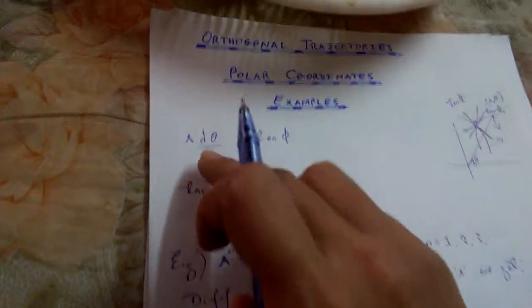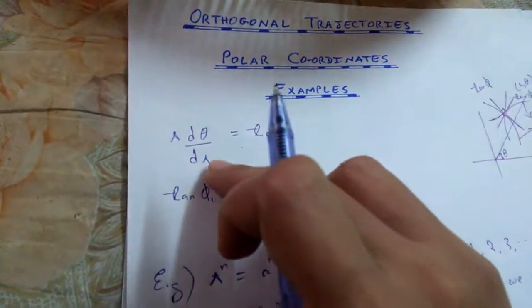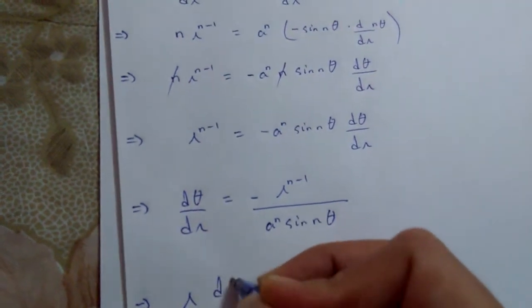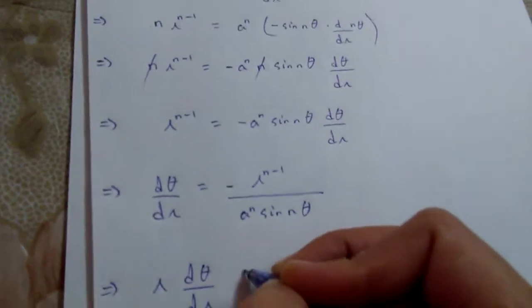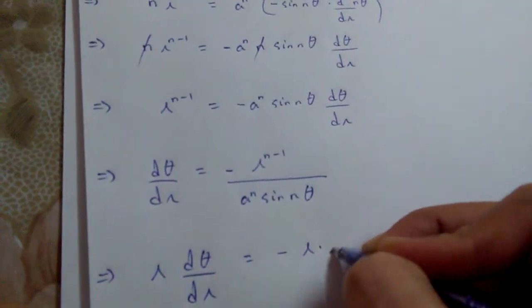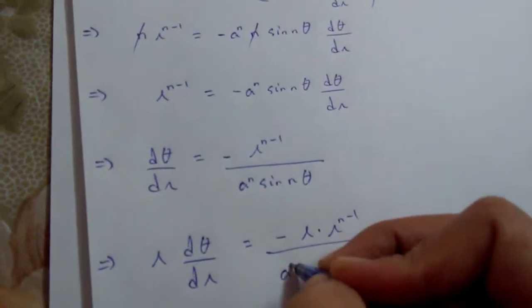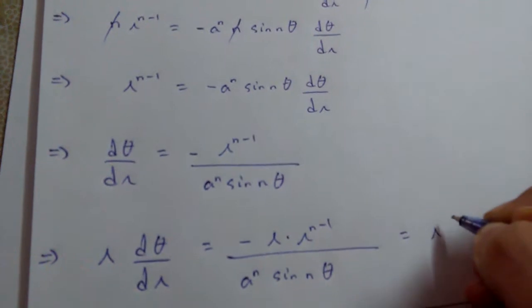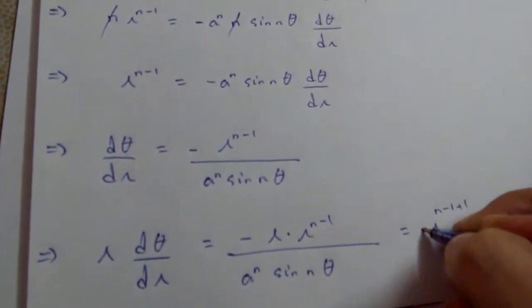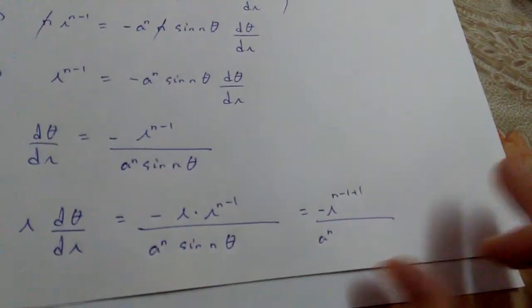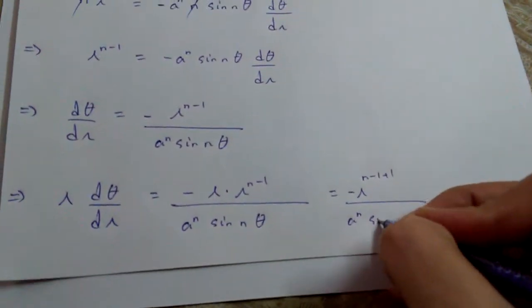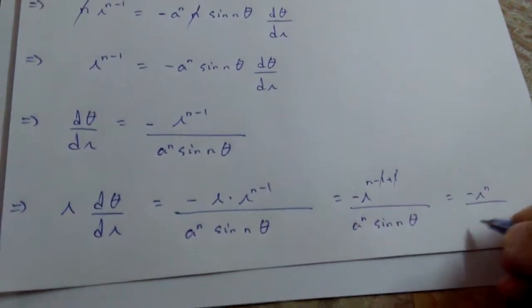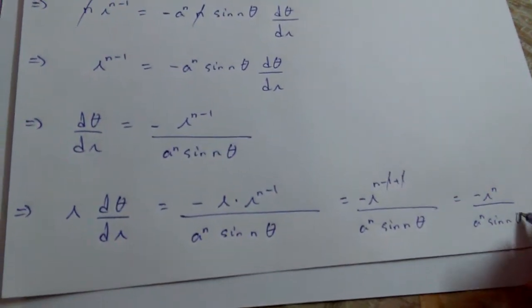Now I say that I should have r along with d theta by dr, so I'm going to multiply both sides by r.